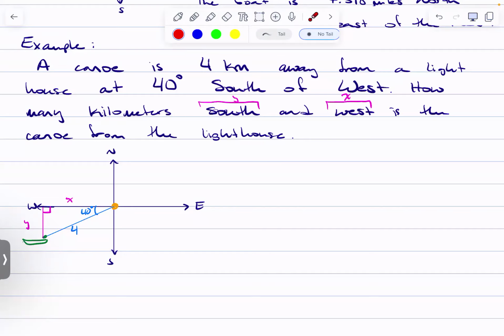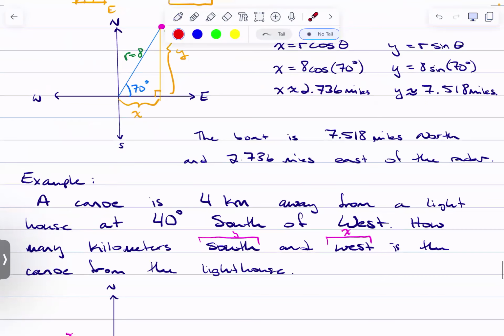So let's see here. Okay, so what can we do when we live in a shoe? Well, you can use the identities that we used before.